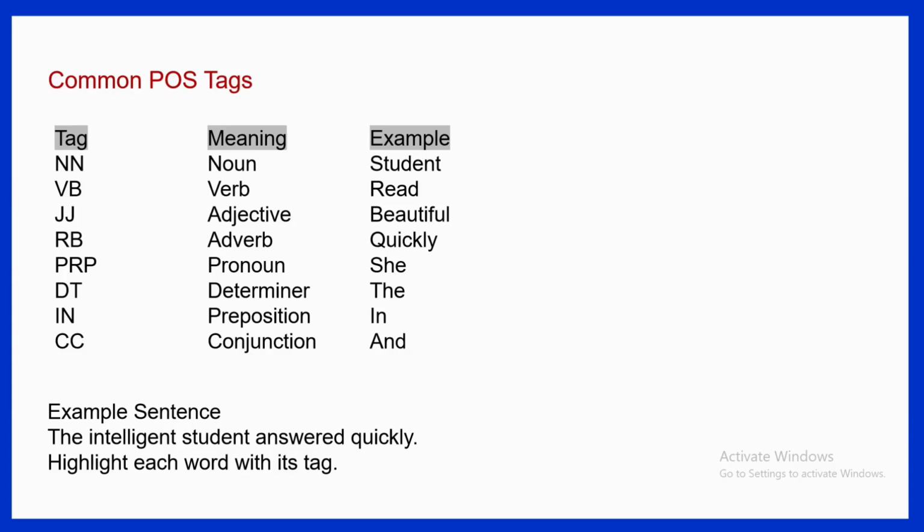Answered is a verb because it shows an action. Quickly is an adverb because it describes how the action was performed. So by assigning these tags, the computer understands the grammatical structure of the sentence.